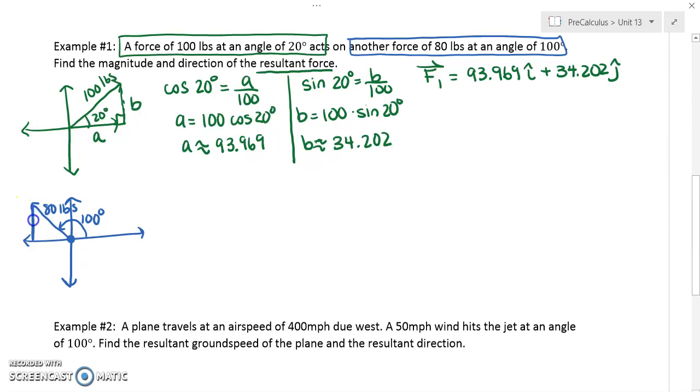And I'm going to draw my triangle. So my triangle is in quadrant 2. The angle is 100, but the angle inside the triangle is 80 degrees. So that's what I'll be using to solve my A, which is my X component, and B, which is my Y component. Okay, so we're going to do the same thing that we did in the other one.